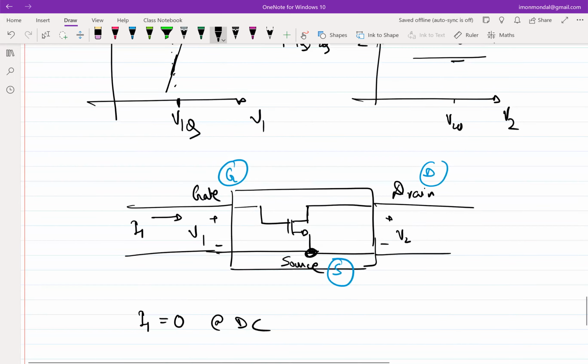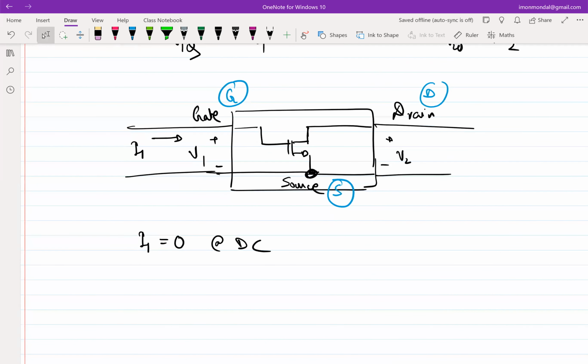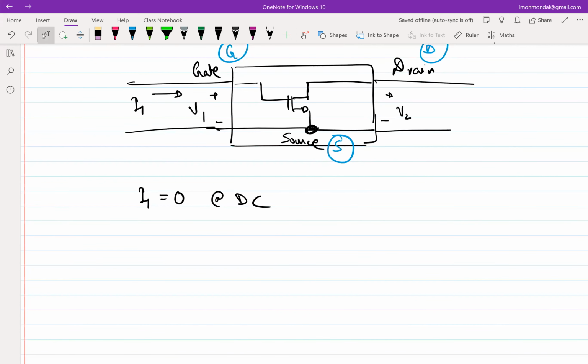So if the input bias current is absolute 0, then naturally that's the best case solution for us, right? So if the input bias current is absolute 0, regardless of what happens, then both your Y11 and Y12 will go to 0, right? So no worries about that. So that's great.